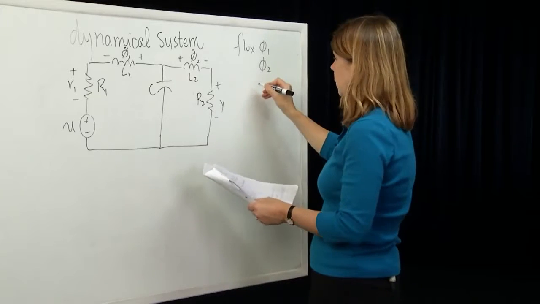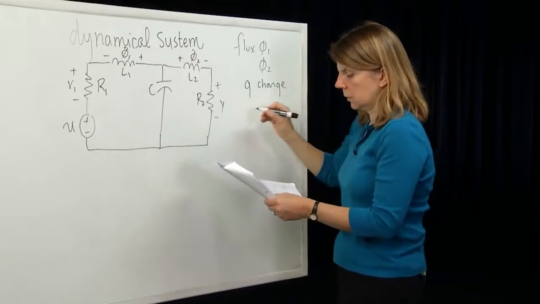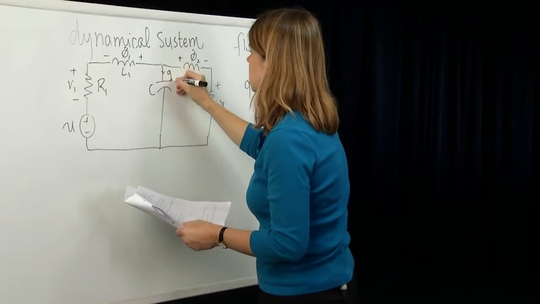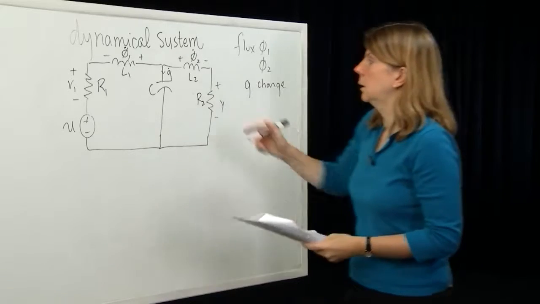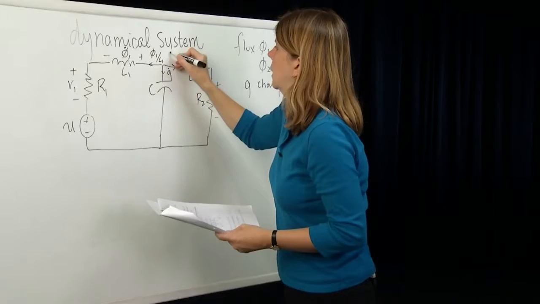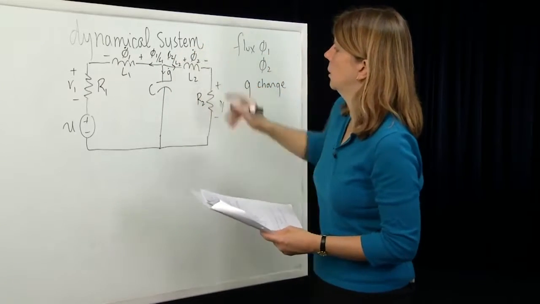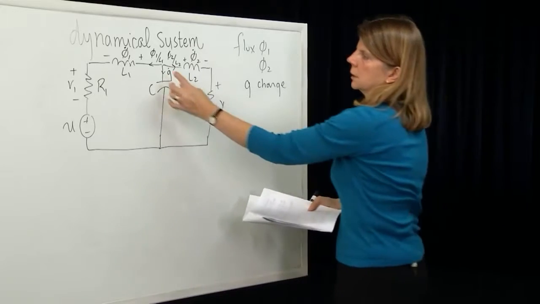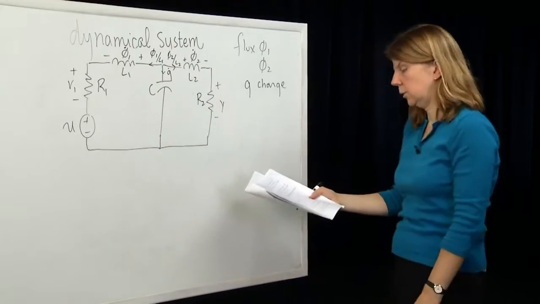And Q will be the charge in the capacitor. So then Q dot represents the current through the capacitor. Okay, so this current is just Phi1 over L1 and Phi2 over L2. So current Phi1 over L1, current Phi2 over L2.